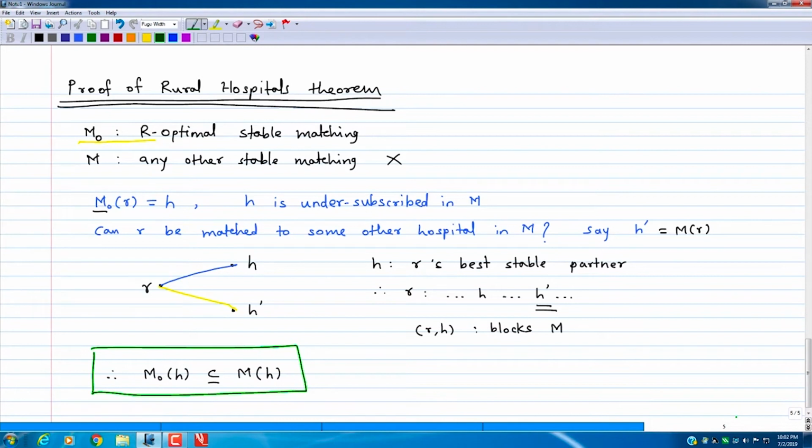So any matching where H is undersubscribed and R also goes to a worse stable partner is not going to be stable. So if H is undersubscribed in M, it should remain undersubscribed after getting everything that it gets in M naught.